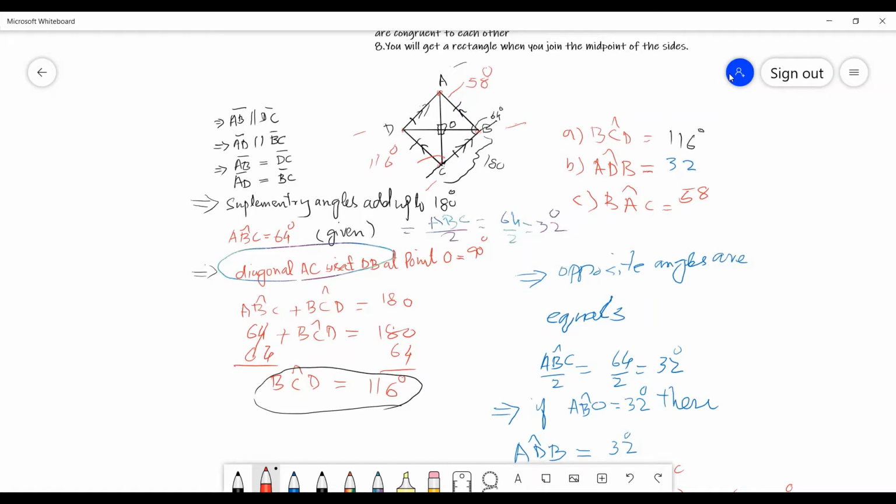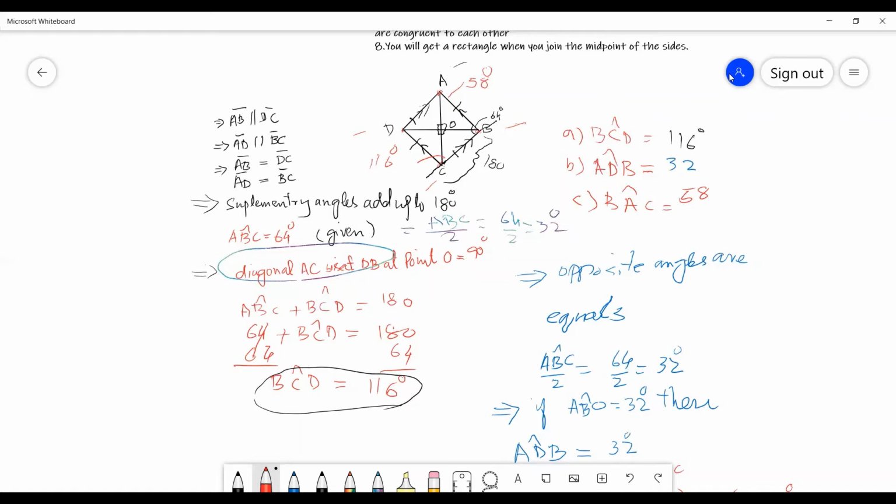Next, supplementary angles add up to 180. Adjacent angles add up to 180. For example, angle C and D, when we add them, will be equal to 180. Or if we add angle B and A, it should be 180. This means all the adjacent angles add up to 180.